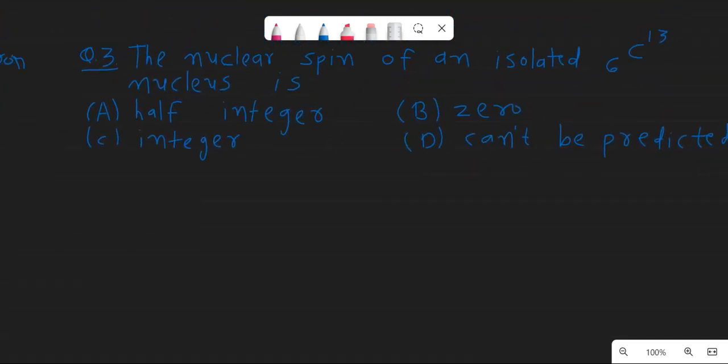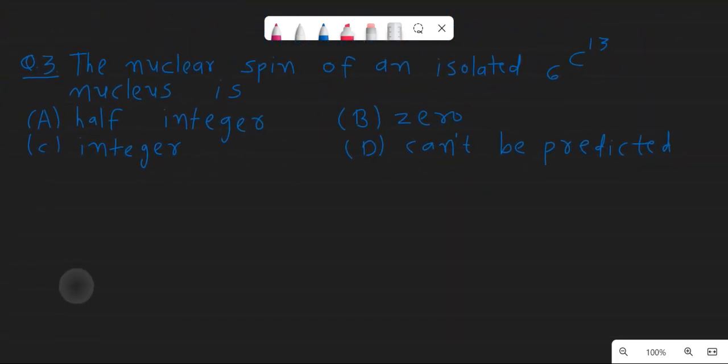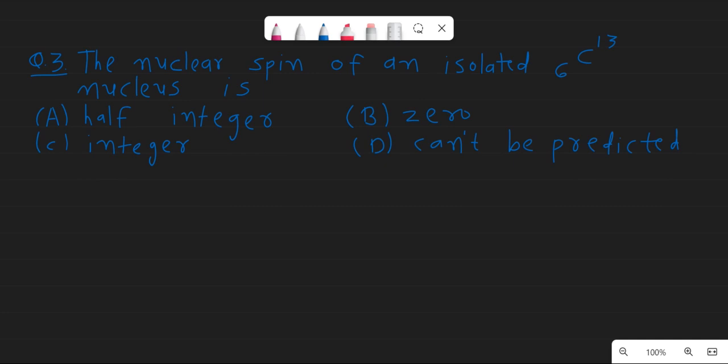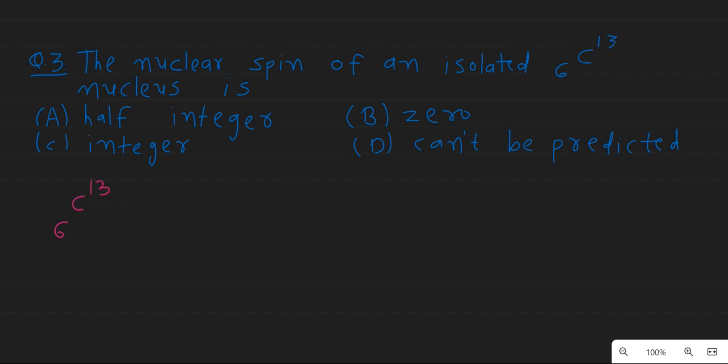Third question. The nuclear spin of an isolated carbon-13 nucleus, with 6 protons, is. Okay, so this is from the shell model. Compare this with the notation ZXA.